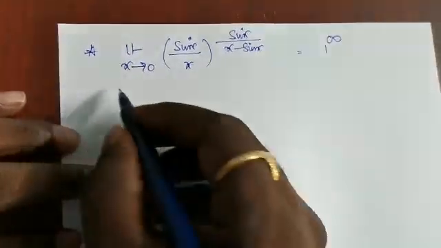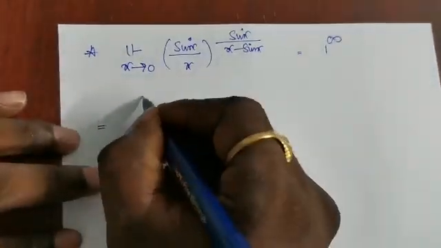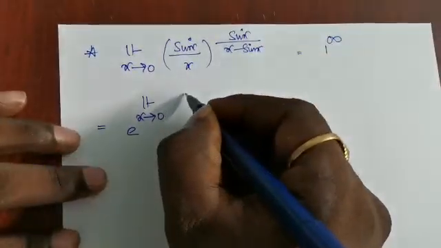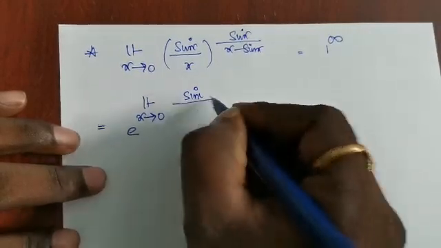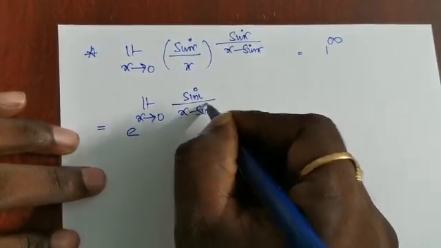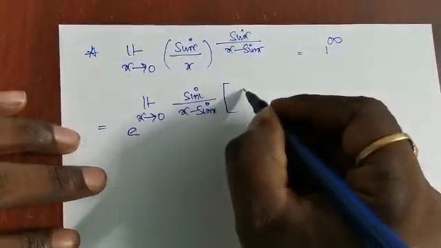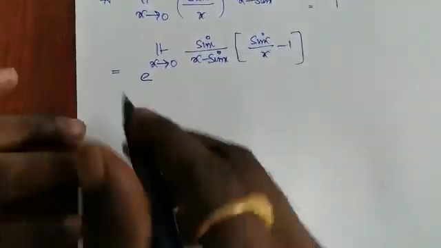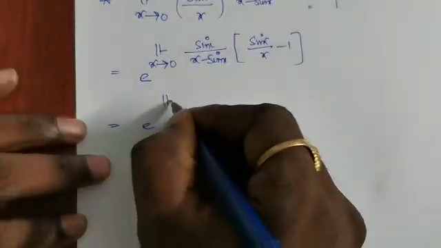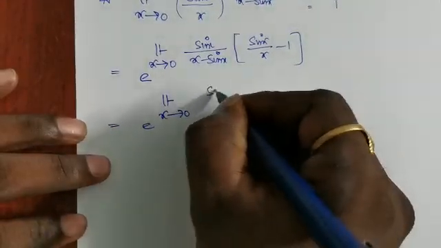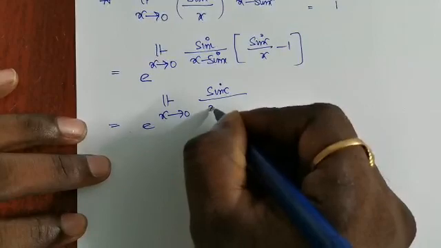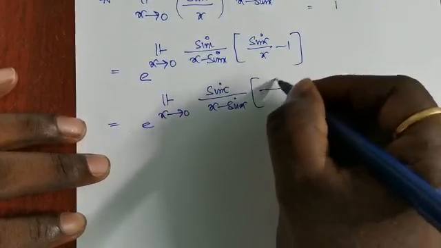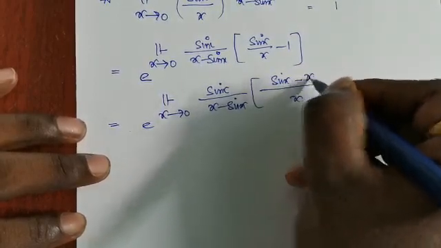Now use this condition, that is e power limit x tends to 0 g of x into f of x minus 1. What is g of x? Sin x by x minus sin x. What is f of x? Sin x by x minus 1. Now e power limit x tends to 0 of sin x by x minus sin x into, taking LCM x here, sin x minus x.